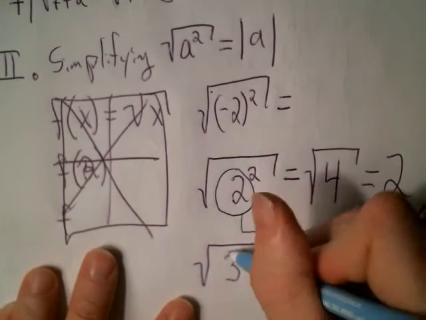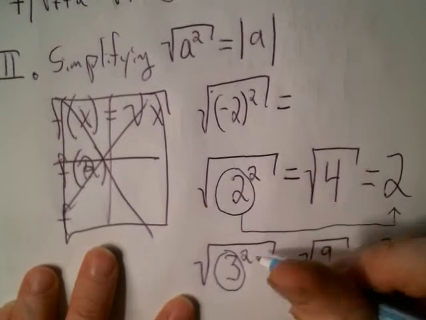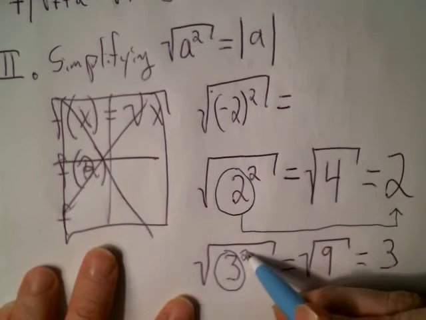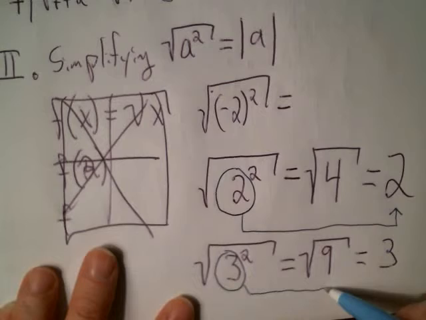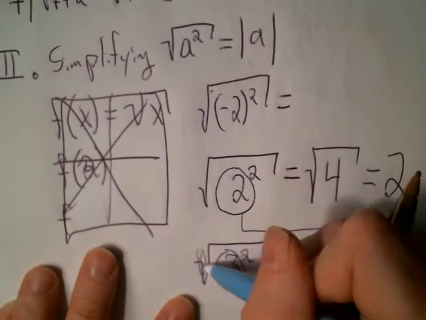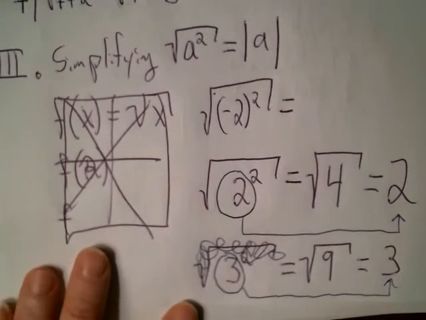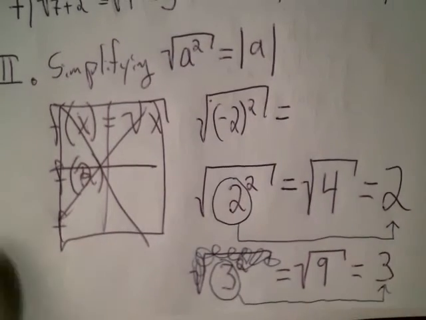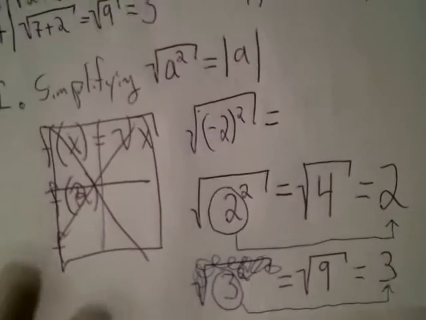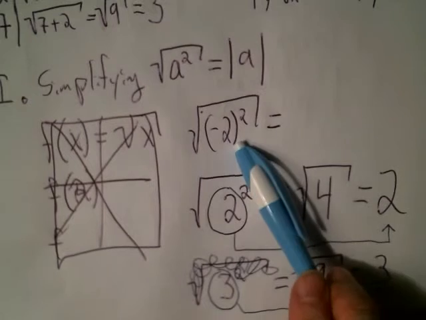And again, you see, the square root symbol and the little 2 symbol kind of cancel each other out, so that you're just left with the 3, right? And okay, that's fine. But then somebody comes along and they notice, hey, this won't work with negatives.